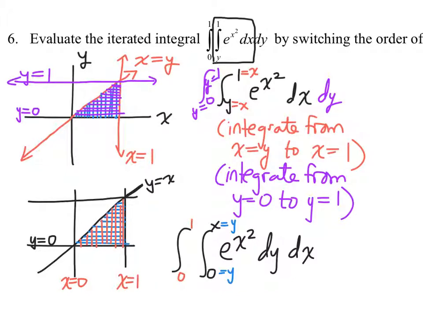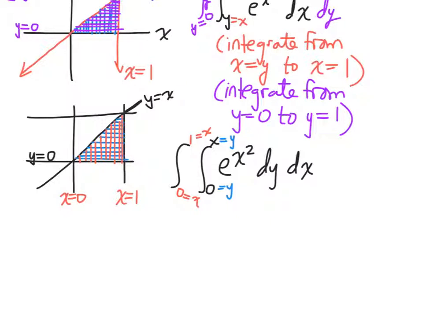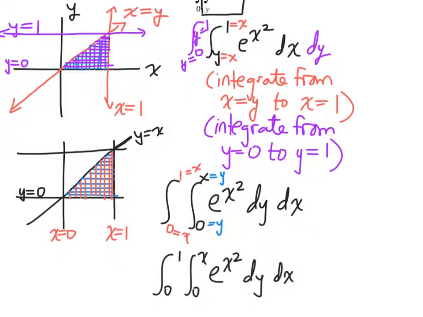But again, if you want, make the little notation: it's really x equals. Once you do that, and I'll write the clean version of it now, it's very easy to find the antiderivative.